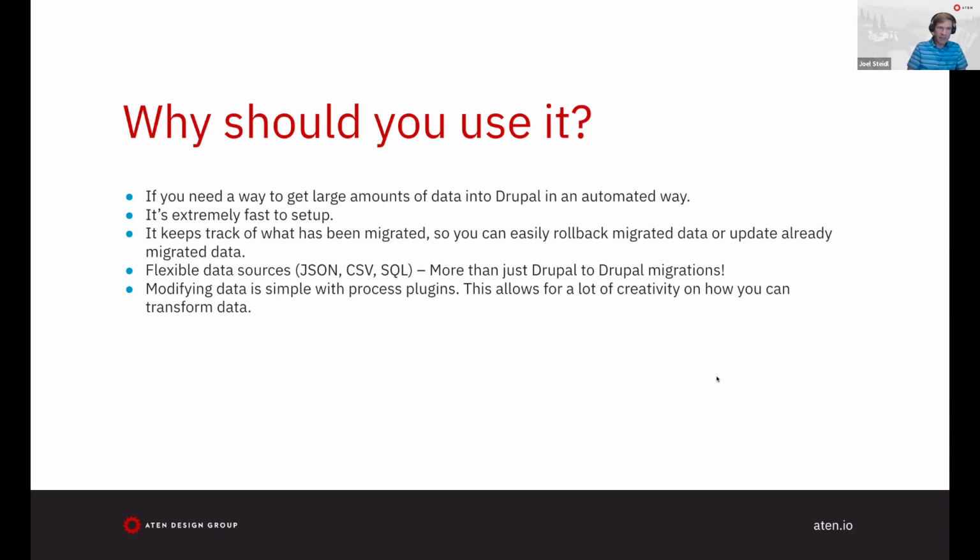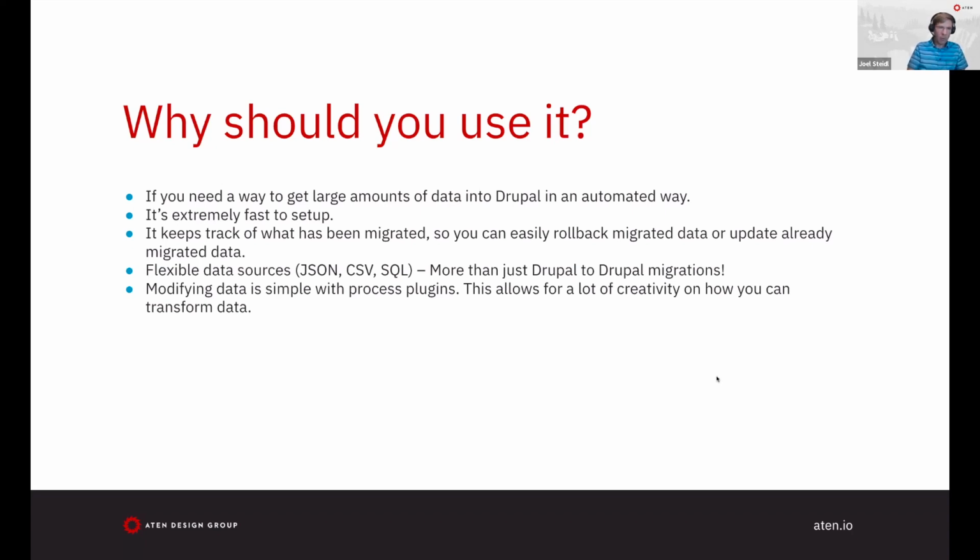I already mentioned the flexible data sources, which is great. I think often we think of Drupal's Migrate API as your ability to go from one version of Drupal to the next. Thankfully, this hasn't been as necessary from Drupal 8 to 9 to 10. But if you're coming over from say Drupal 7 to Drupal 10, the Migrate API is going to be your best friend.